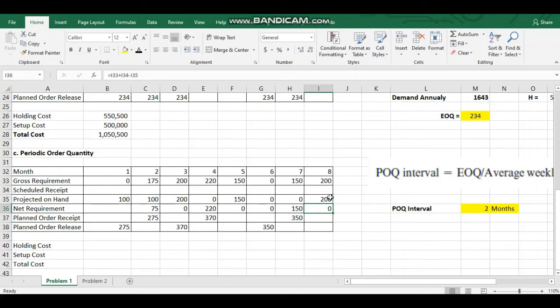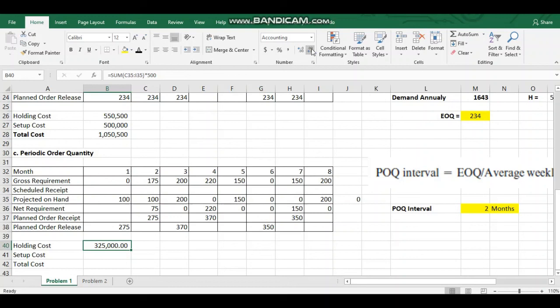If you're asking about the inventory, there's no ending inventory, because all of the 200 units are used to cover the requirement for the 8th month. Now we find the holding cost, starting from the 2nd month until the end, and then multiply it by 500.